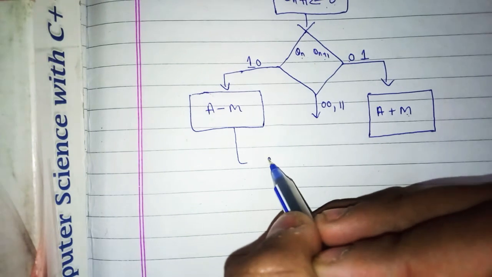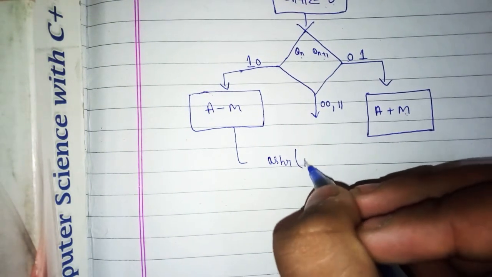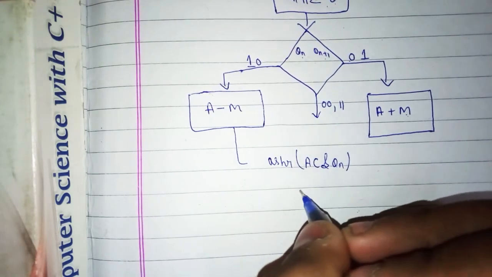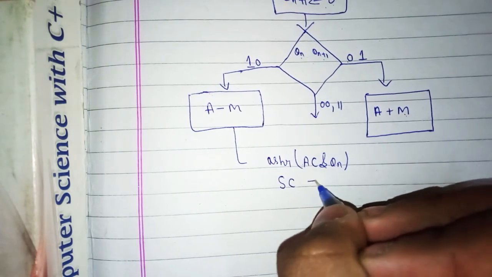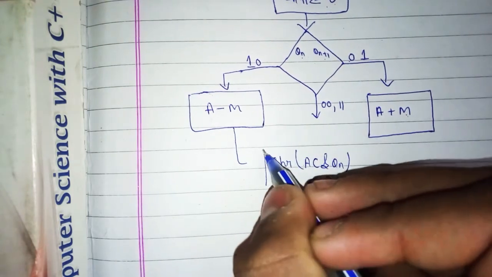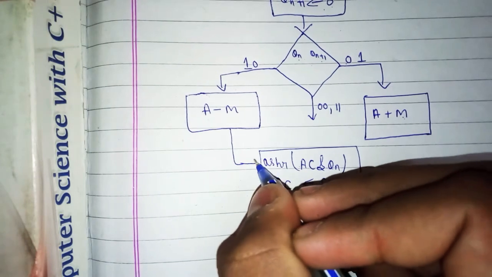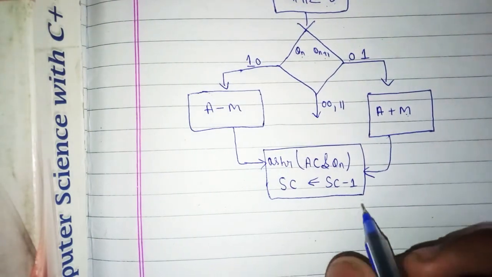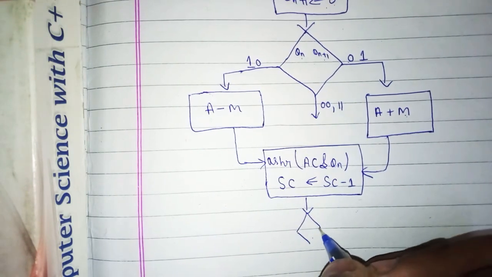So see ASHR, that means arithmetic shift right on the accumulator and qn. And then once our operation is done, we will decrease our sequence counter. So sequence counter minus 1. And here we can see after this operation what is the value of the sequence counter.